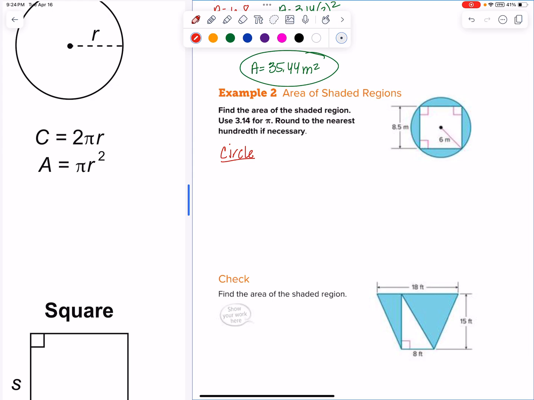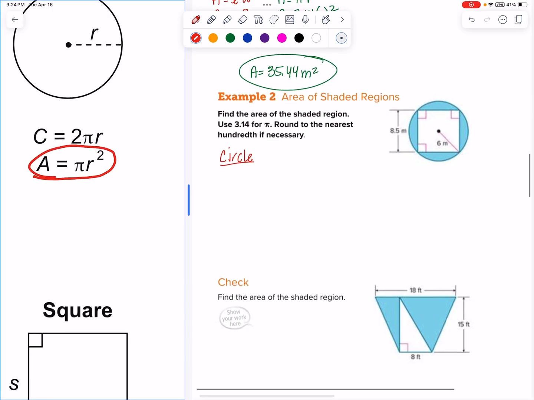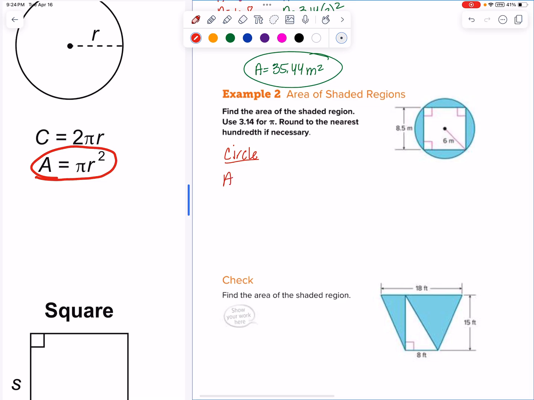We know area of a circle is pi r squared. Let's write that out. Area equals 3.14. What's the radius of the circle? We have to explore this a little bit and see what's going on here.